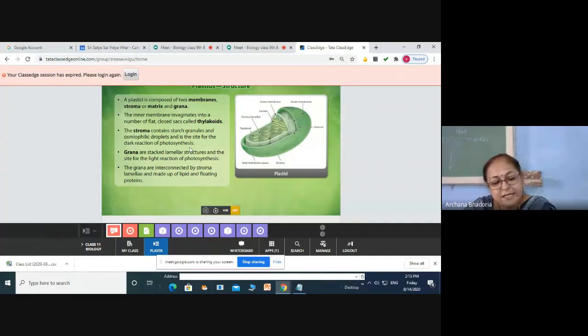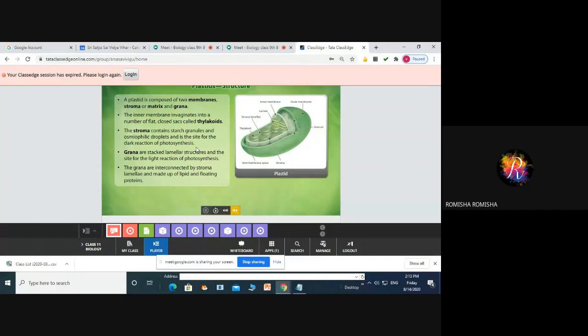And then write down in the next line that stroma is the site for the dark reaction of photosynthesis. Clear to you, everyone? Yes, ma'am.